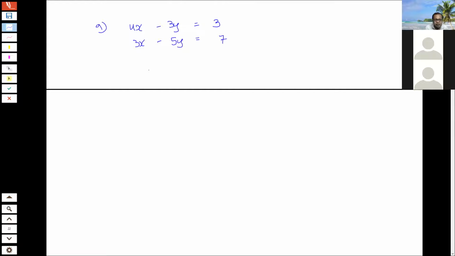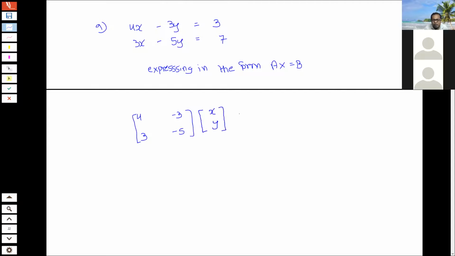So I will write expressing in the form AX equal to B. So 4 minus 3, 3 minus 5, which is matrix A, then the variable matrix equal to 3 and 7. If AX equal to B, A will go to that side. So X is equal to A inverse into B.